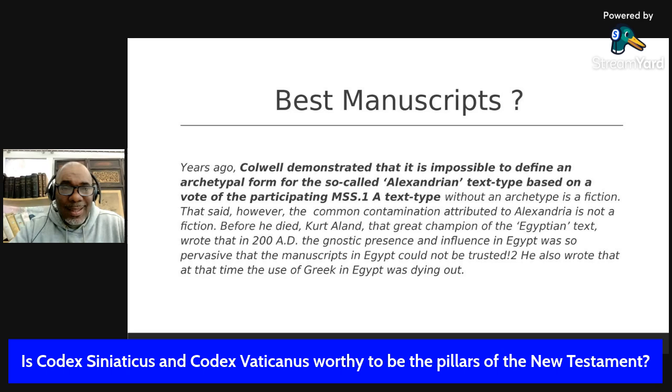So why should we trust a place which is far removed from the apostles in terms of their writings and the autographs, and also a place which is a hotbed of heresy?